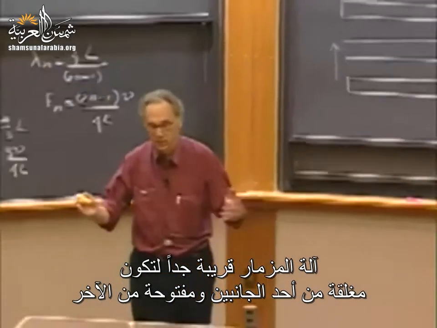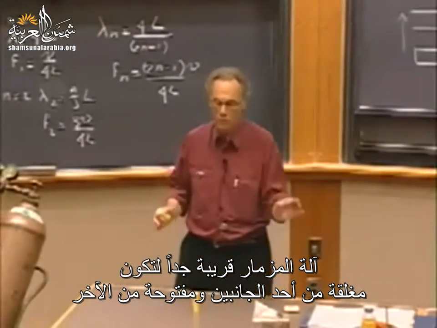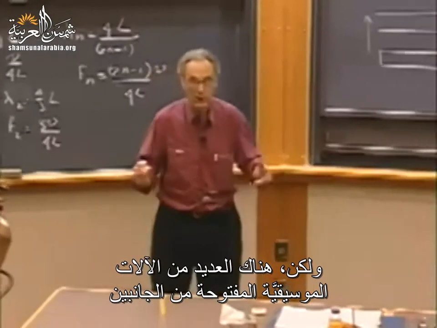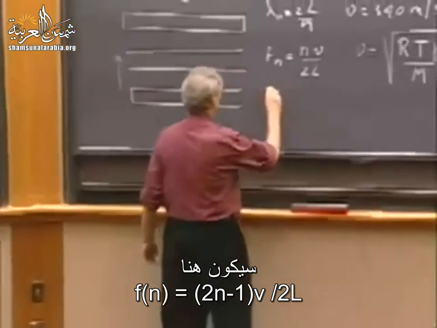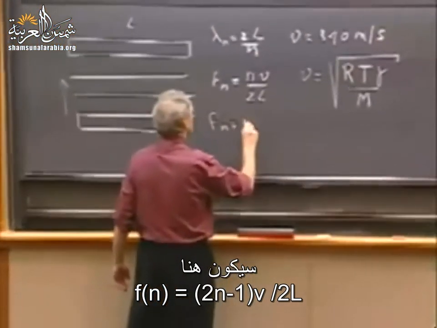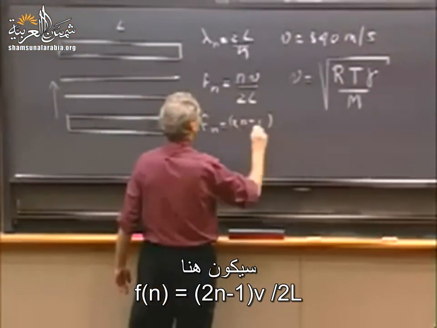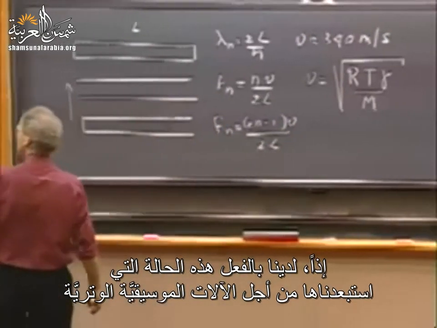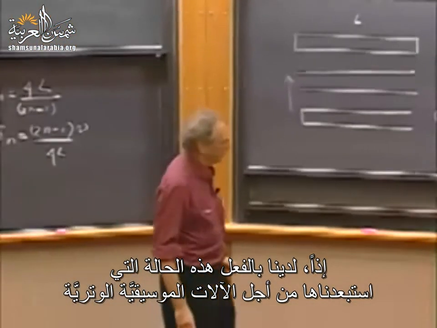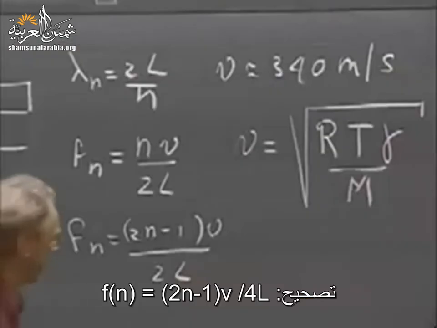The clarinet comes very close to be almost closed at one side and open as the other, but there are many musical instruments which are open on both sides. So then you would have here that f of n equals (2n minus 1) times v divided by 4L. So then you have indeed this case which we dismissed for string instruments.